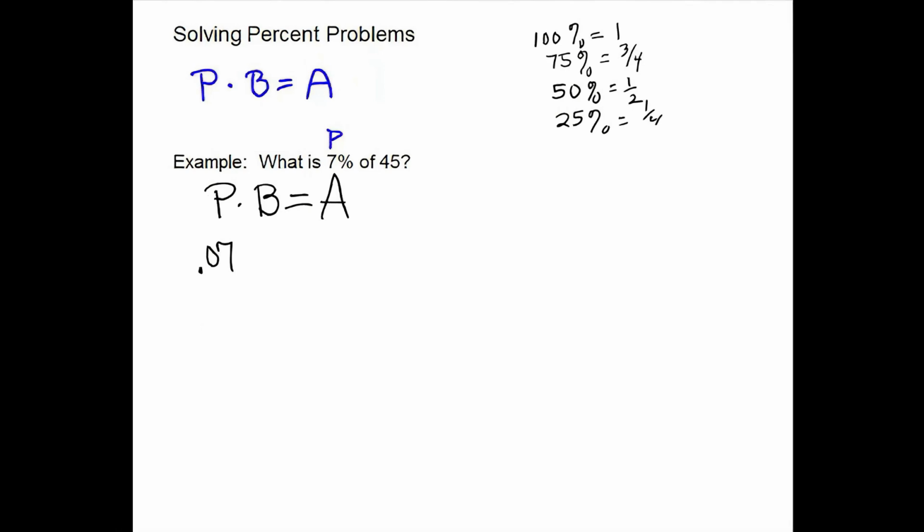Next, we look for our B. You go back to the percent and keep reading. 7% of, whatever you take the percent of should be the base. So the 45 is our base. And that only leaves one piece, which is going to be our A. The A can be at the beginning or the end.